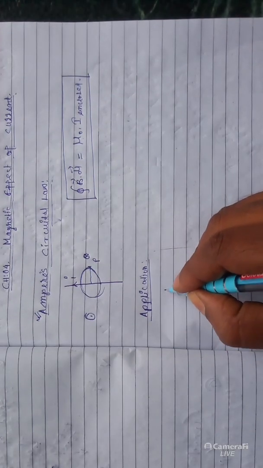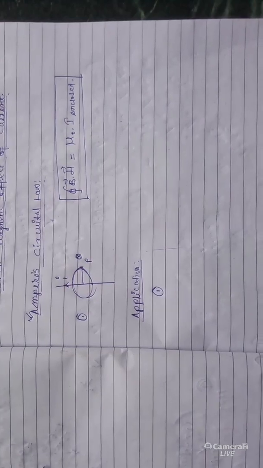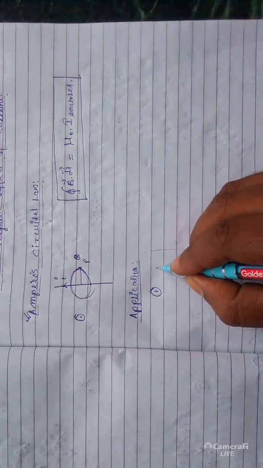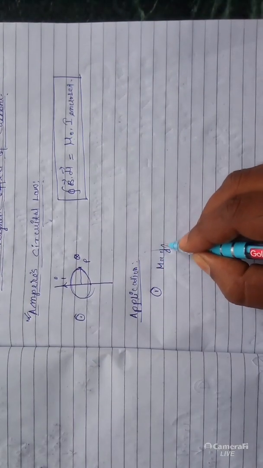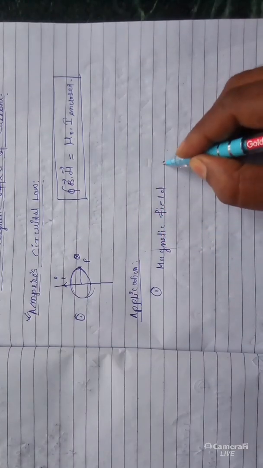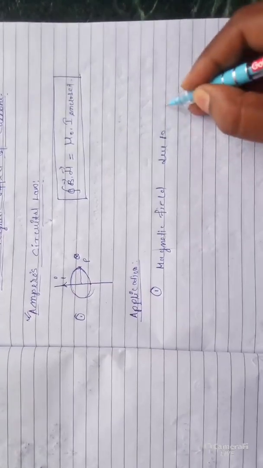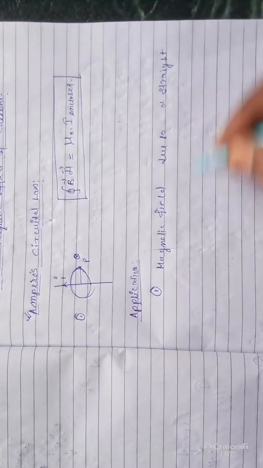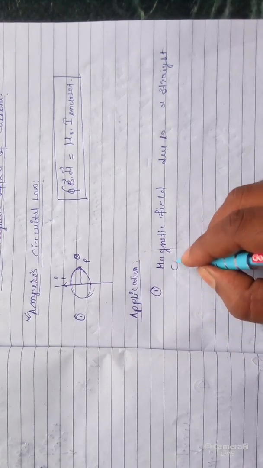So give the heading, application of this law, and the first one is the magnetic field due to a straight current carrying conductor.